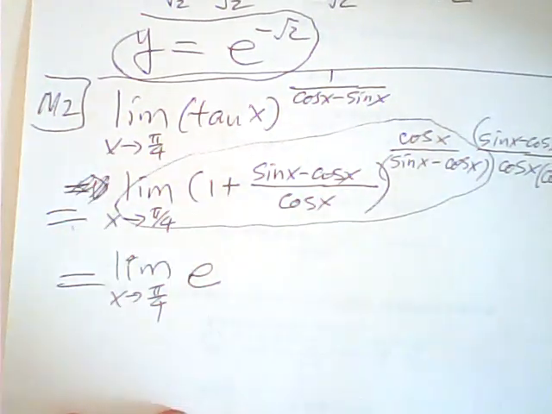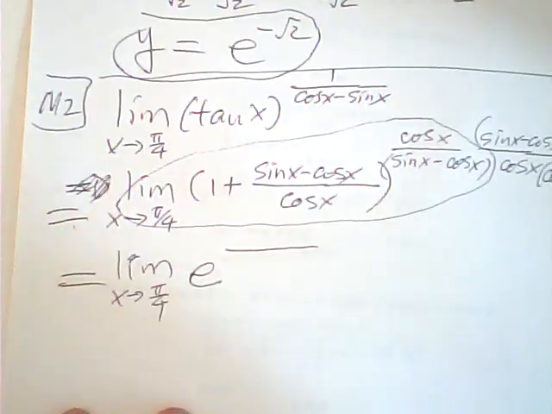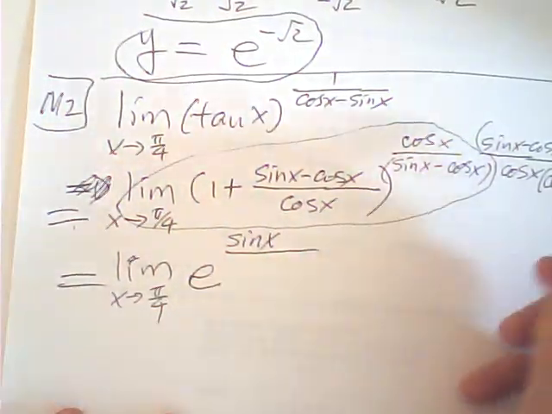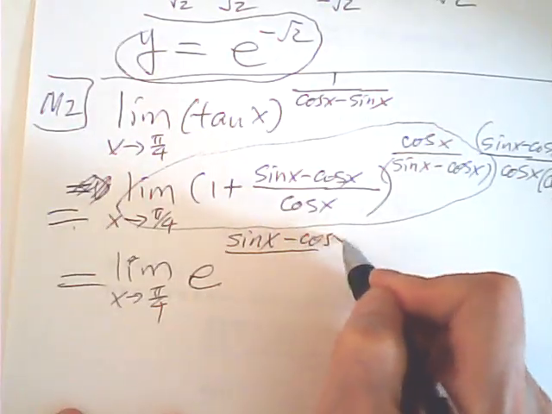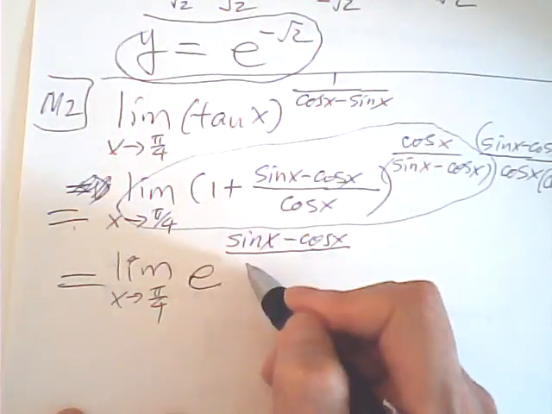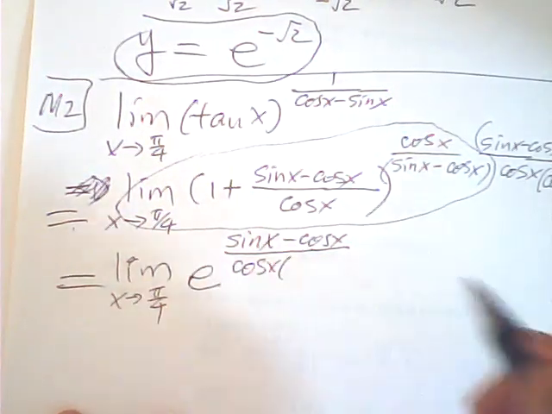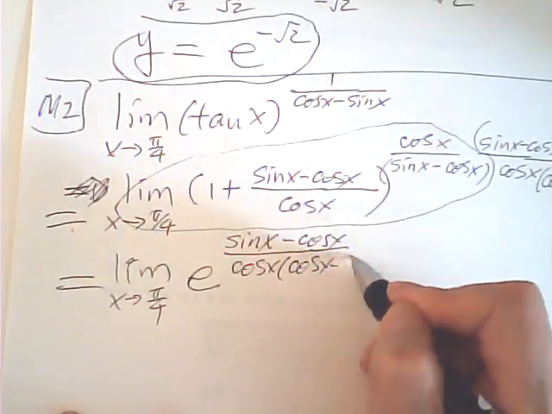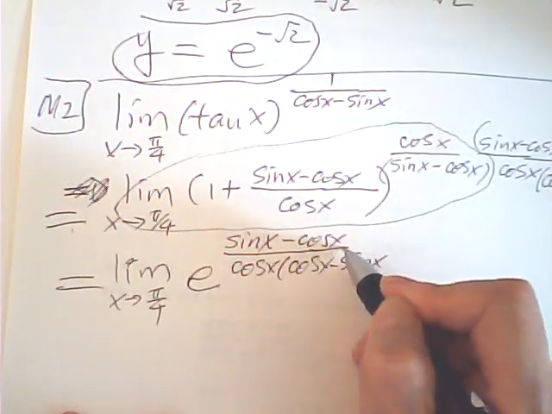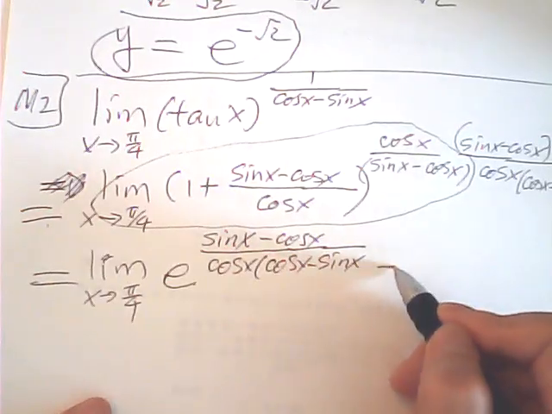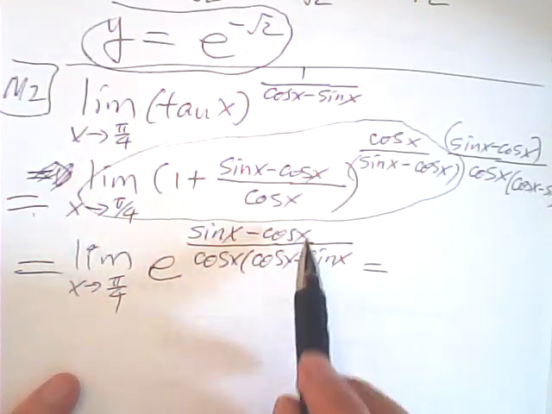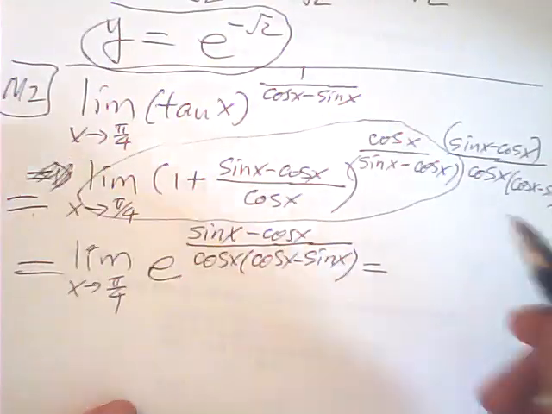And the leftover is sine x minus cosine x over cosine x minus sine x. So this one and the other one are just negative of each other, right?